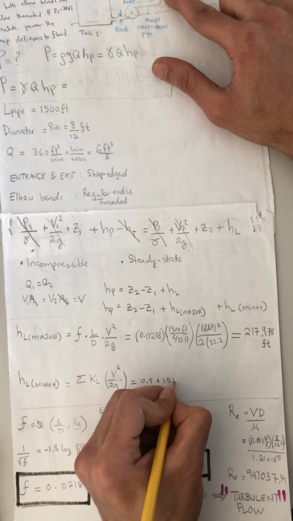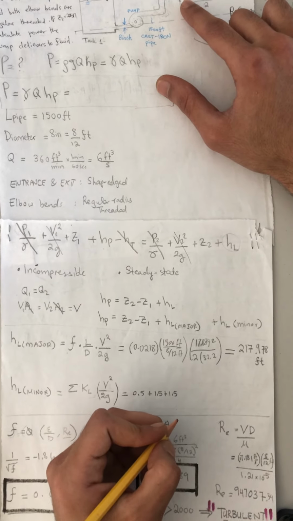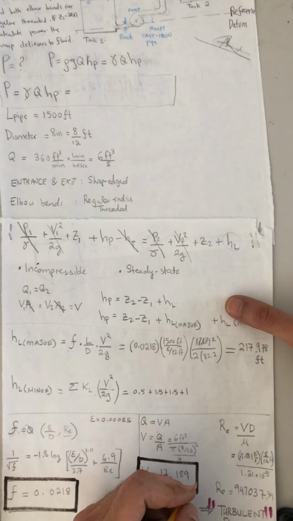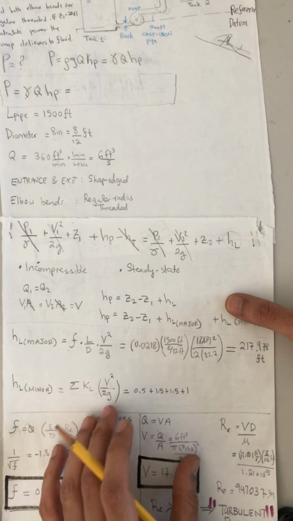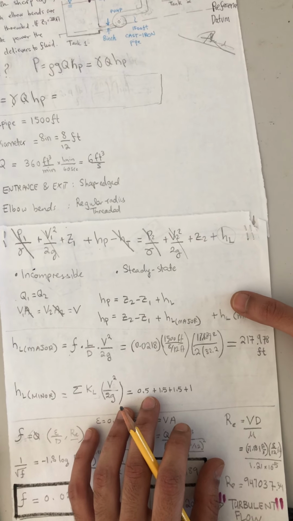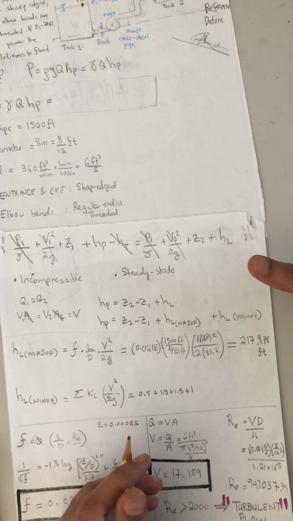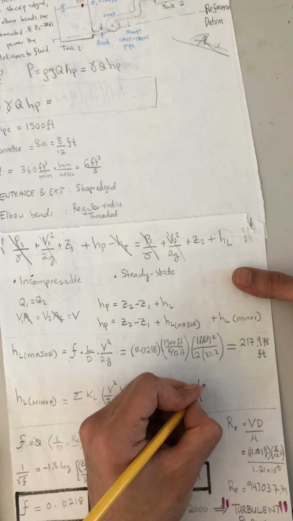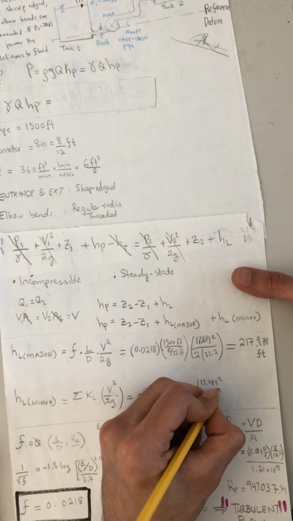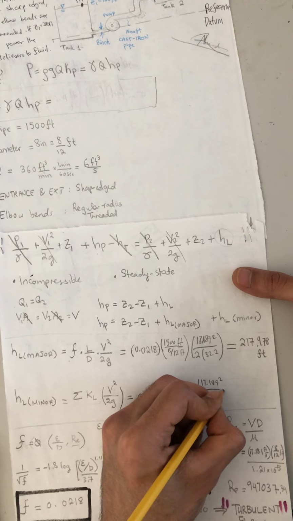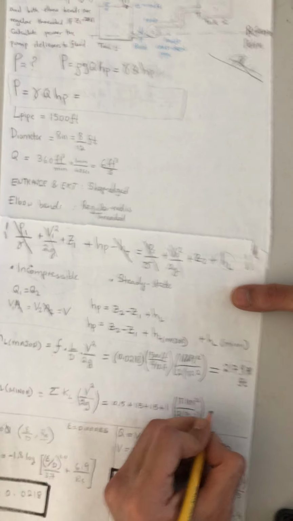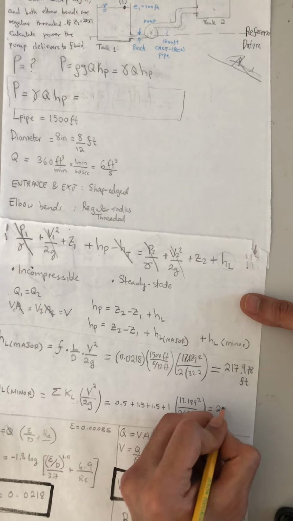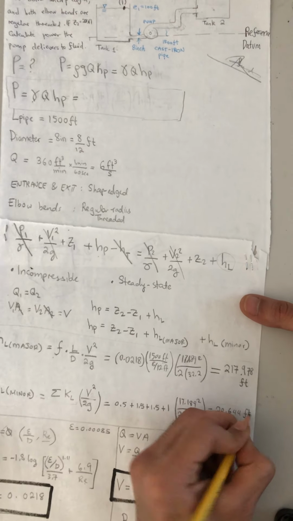The second bend, it is also 1.5. And at the exit, it is 1. These loss coefficients could be tabulated from our book. And this value comes out to 20.644 feet.